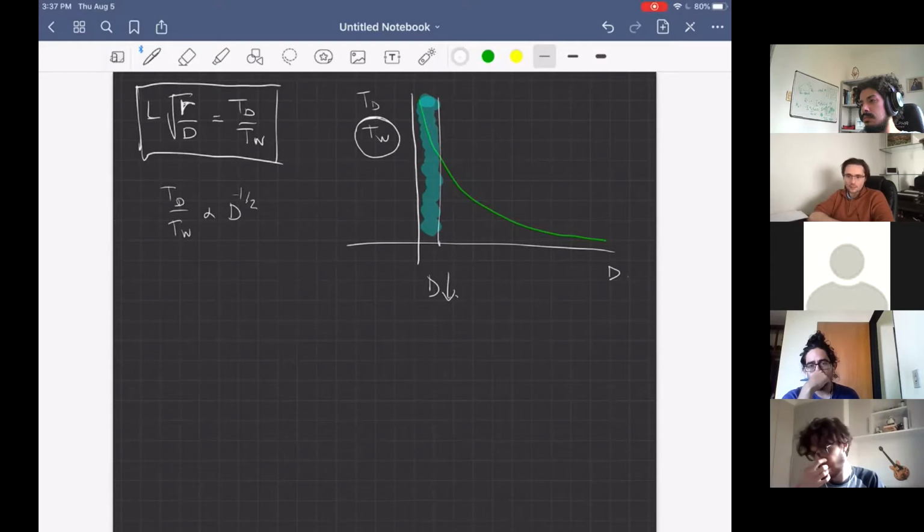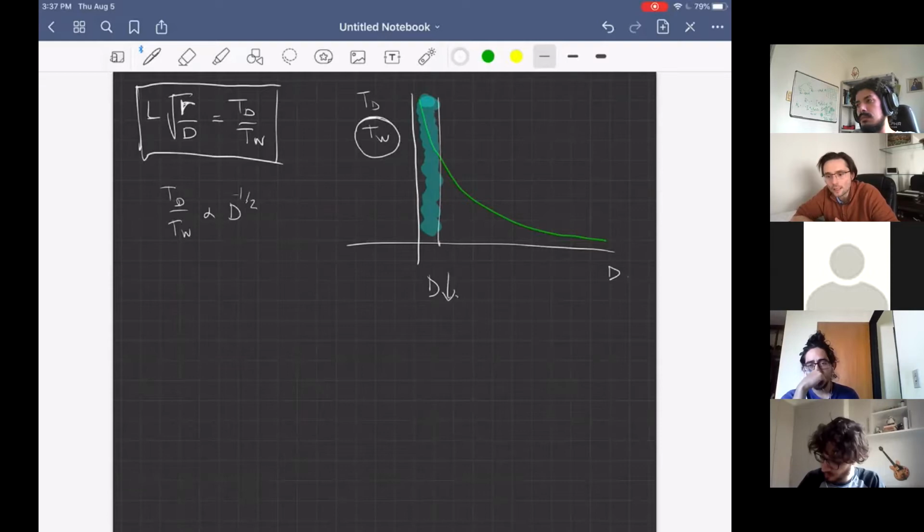It diverges actually with decreasing the diffusion. So basically, the production of matter is a way to improve a lot the velocity and the efficiency of transport within a system, for instance.